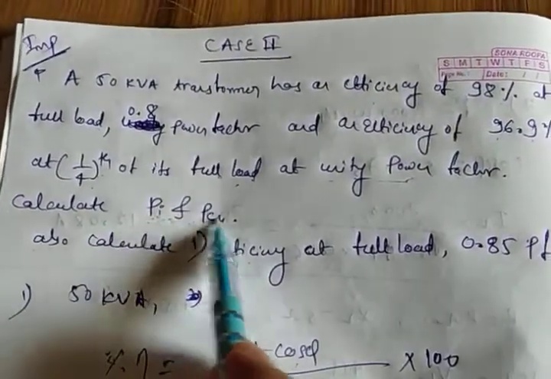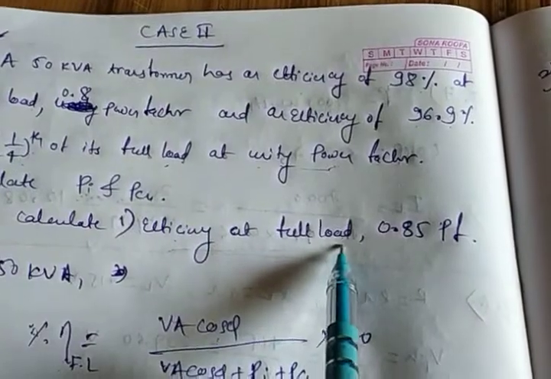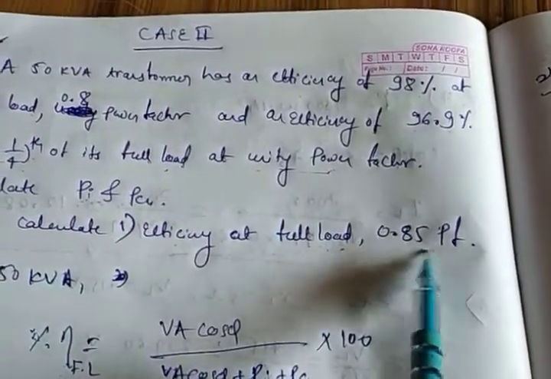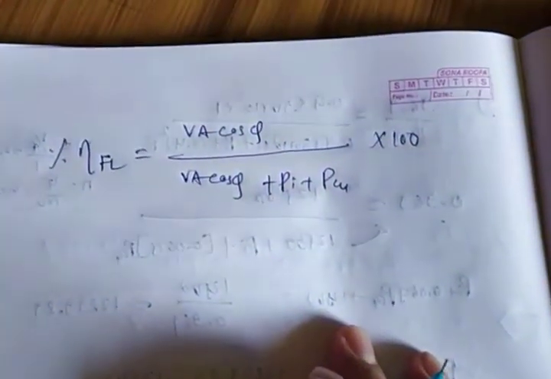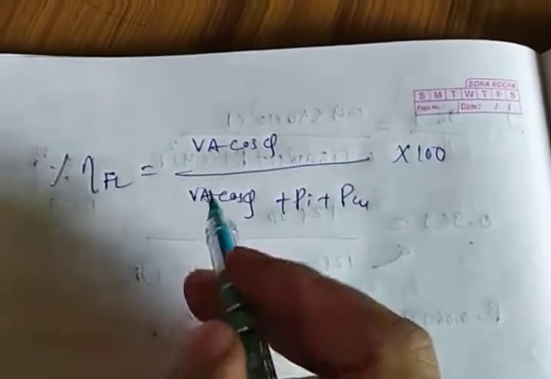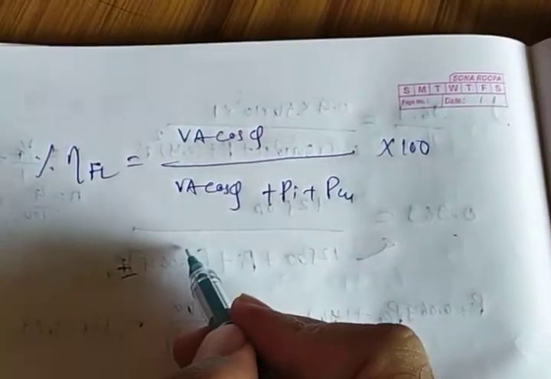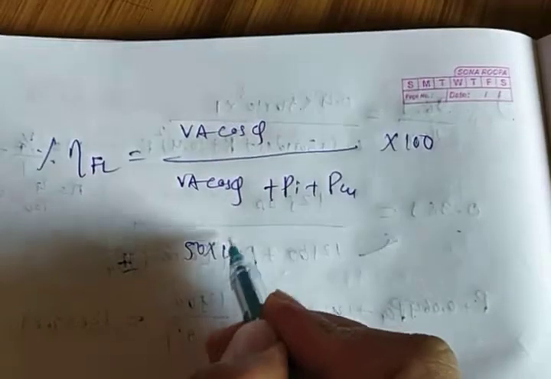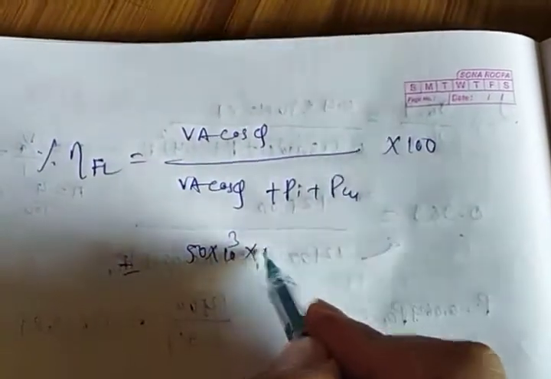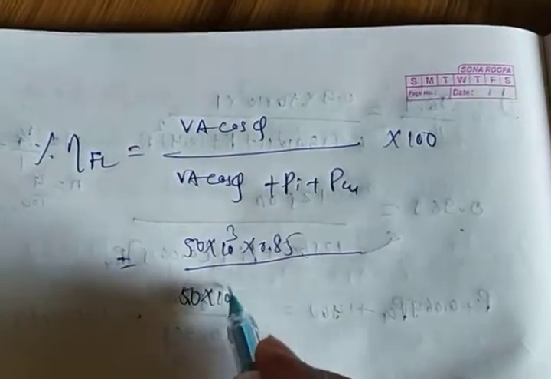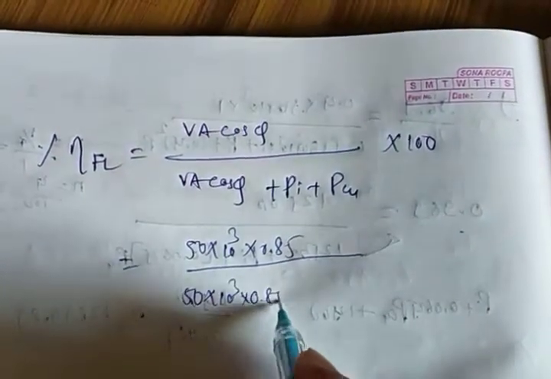So next, after calculation of Pi and PCU, we need to calculate the efficiency at full load 0.85 power factor. The final step is, this is the formula to calculate the efficiency at full load condition. VA means 50 kVA, 50 into 10 to the power 3, cos phi is given 0.85, divided by 50 into 10 to the power 3 into 0.85 plus Pi plus PCU.